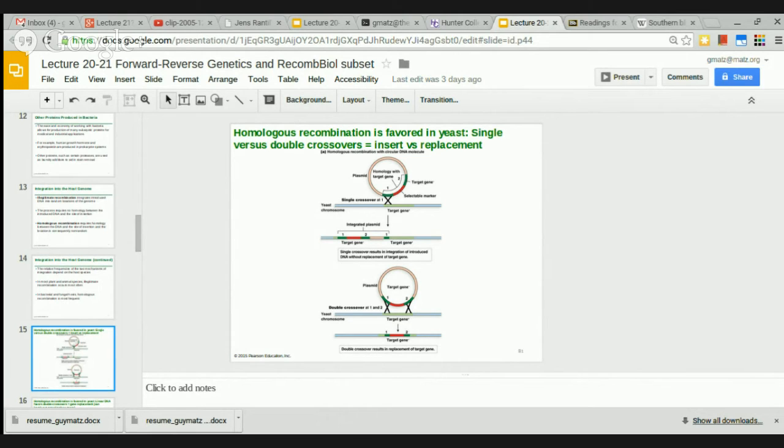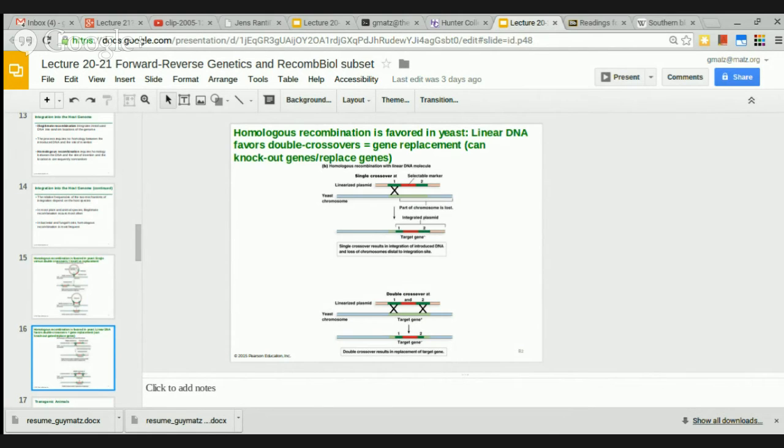On the other hand, if you use a linear, that is just a straight line of DNA, not a circle, a linear piece of DNA, then again, it can recombine with one break in each of the two participating species.